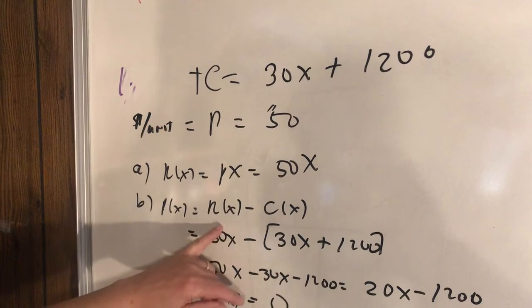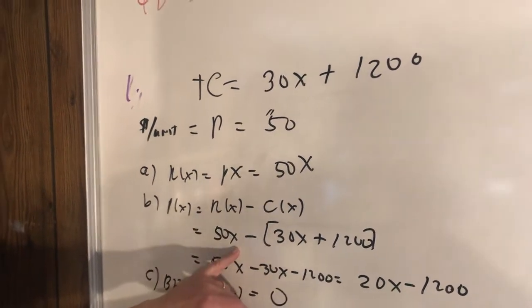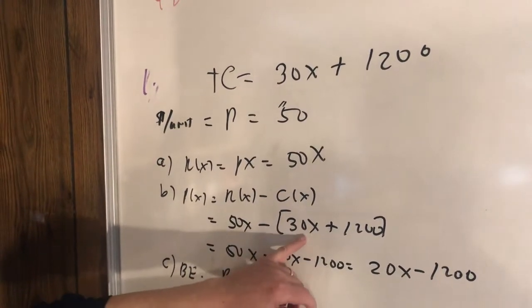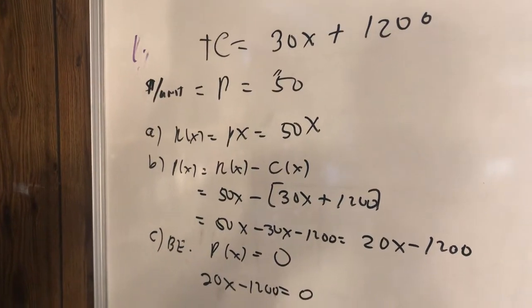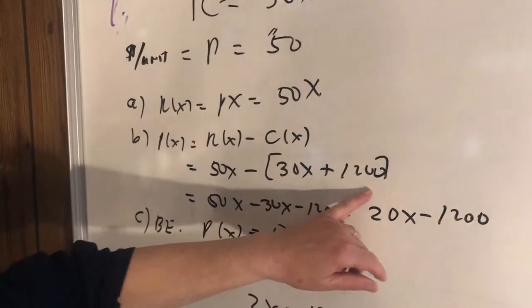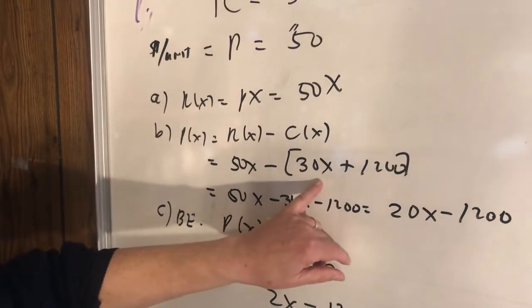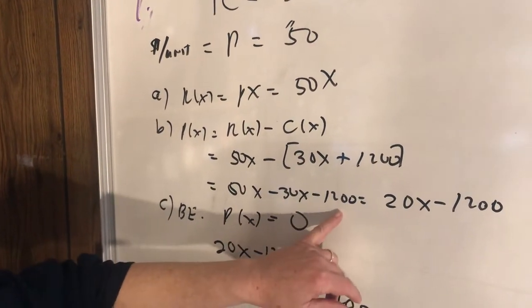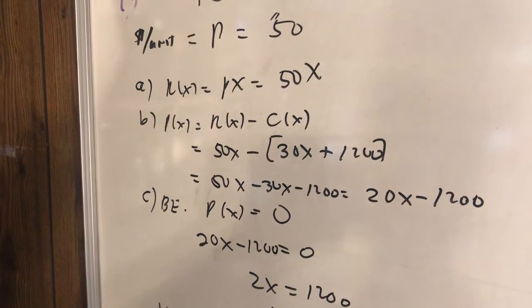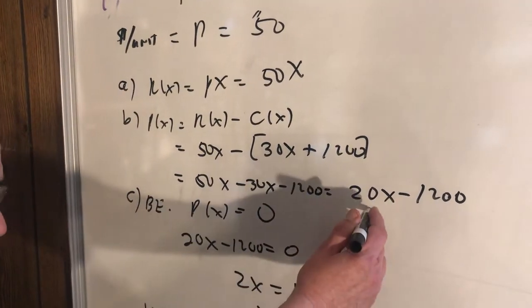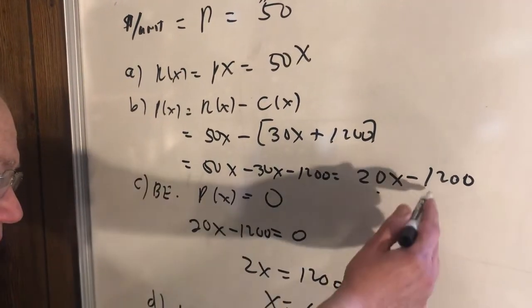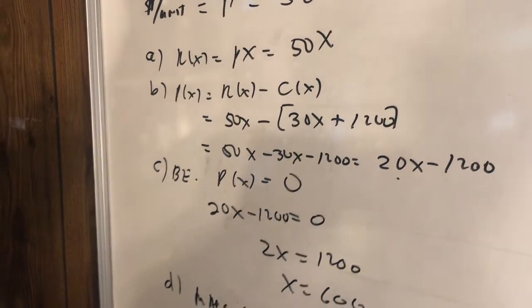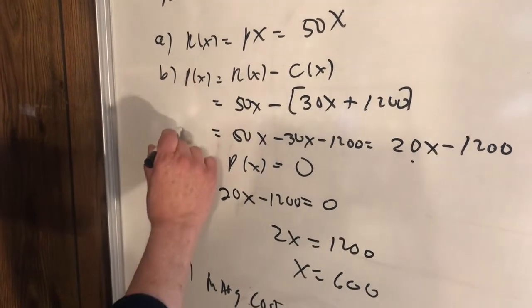The profit is always revenue minus costs, 50x minus the linear cost of 30x plus 1200. Don't forget to put the bracket here, so we distribute the negative sign. Negative 30x, negative 1200. 20x minus 1200. That is our profit function.